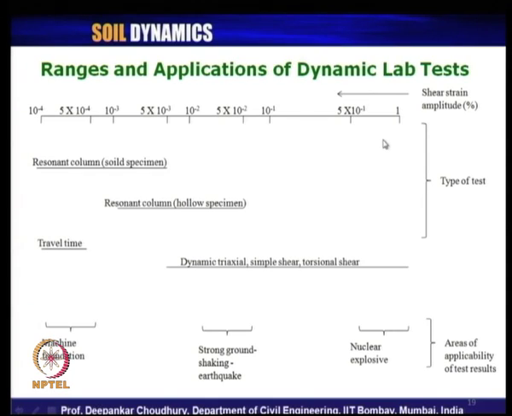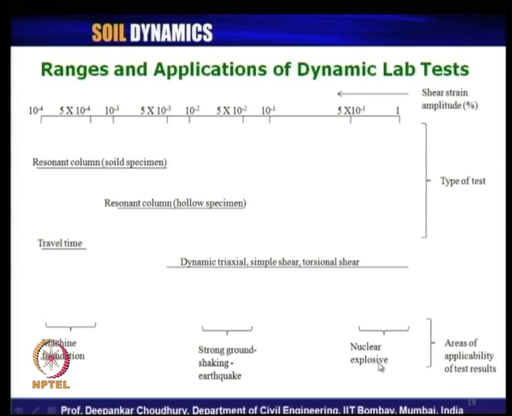What does it mean? Which type of test should we use in that case? The results from cyclic triaxial or cyclic simple shear or cyclic torsional shear, only those are correct results to be used for design of nuclear structures subjected to a nuclear explosion type of dynamic load.